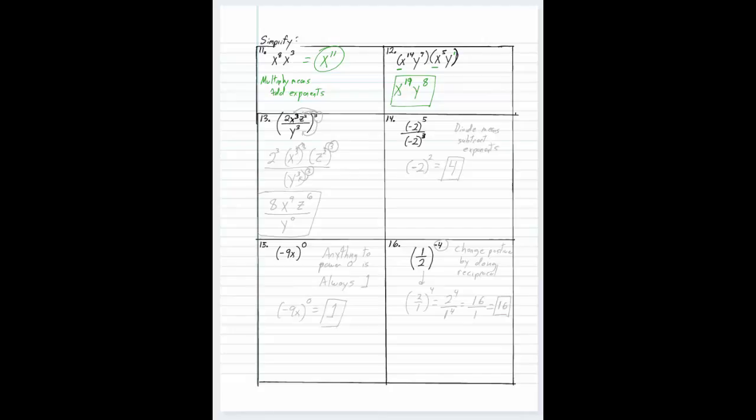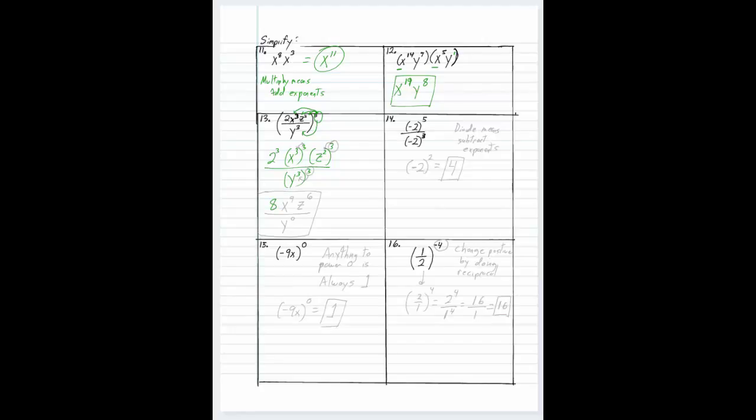Alright, what this 3 on the outside can do is it can distribute to every single term, top and bottom. So you would have 2 to the third power, x^3 to the third power, z^2 to the third power, over y^3 to the third power. Well, first 2 to the third power, that's just 8.